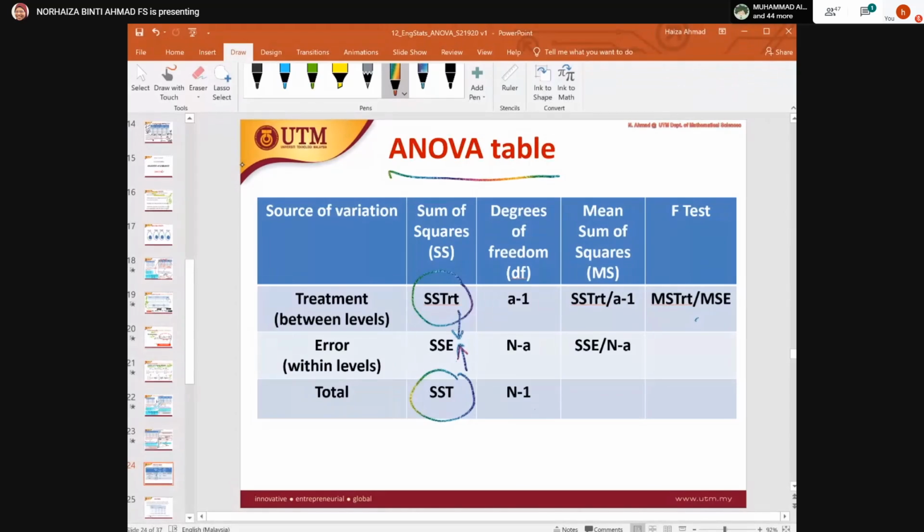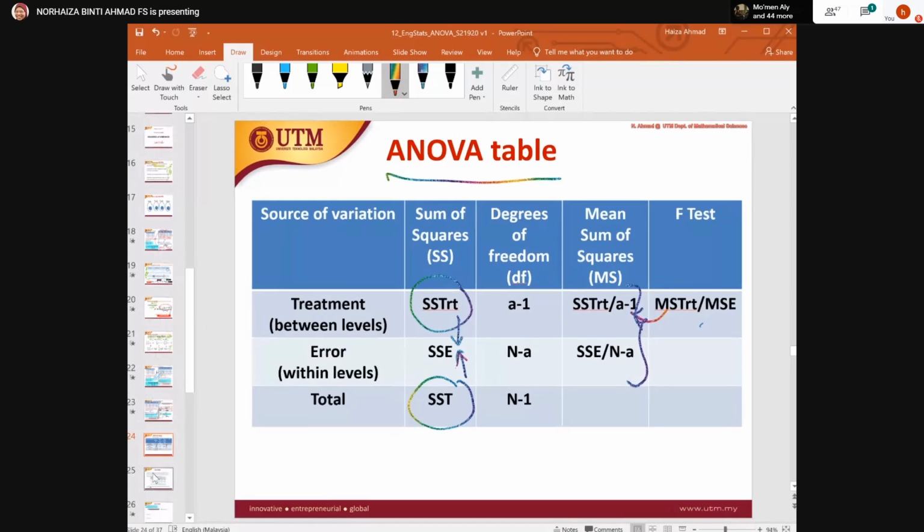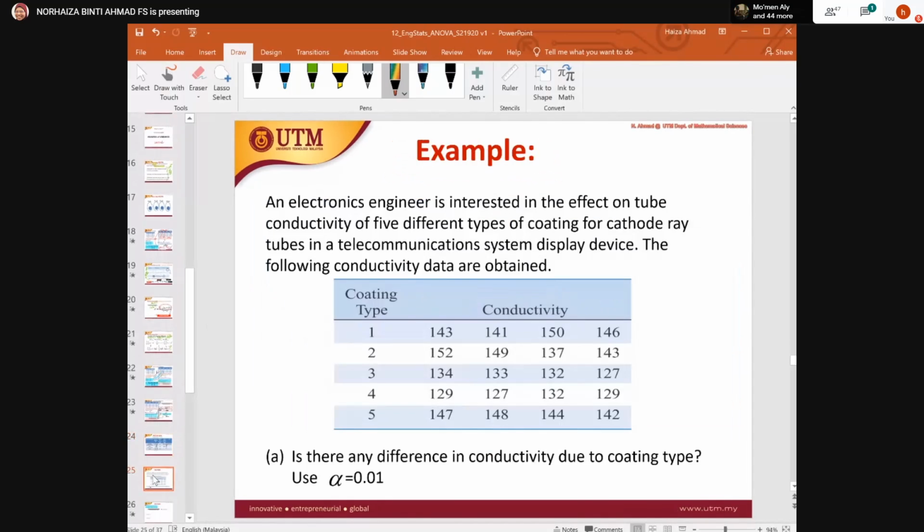Your F test is just the ratio of the treatment, between levels, and error. So ANOVA is just a method of calculation.